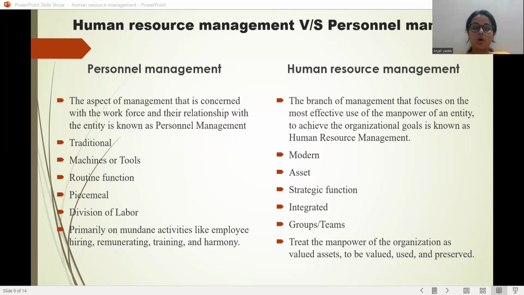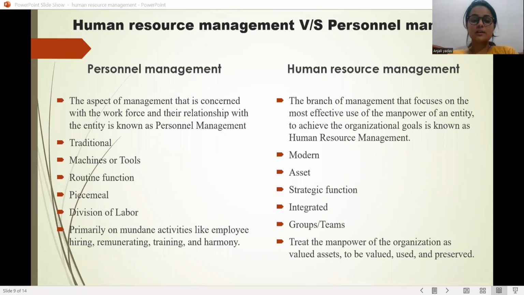The functions or activities performed in personnel management, like hiring of employees, payment of compensation, providing training, and establishing relationships with employees, are considered routine functions. While in HRM, the activities that are adopted and implemented are mostly strategic in nature. That is why it is known as the strategic function.